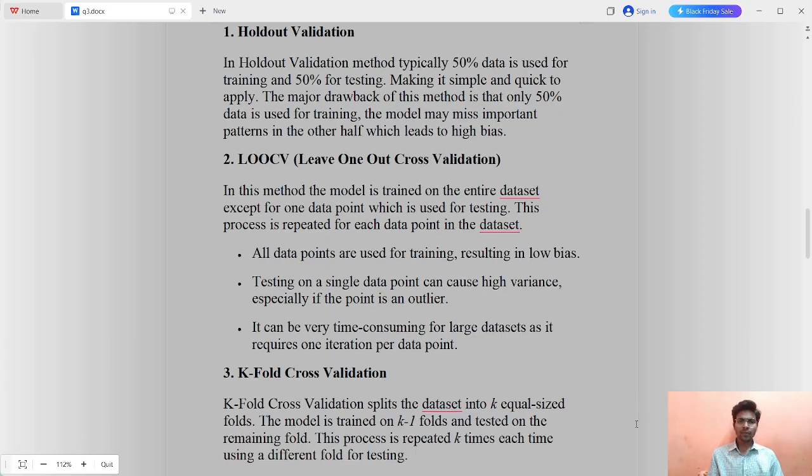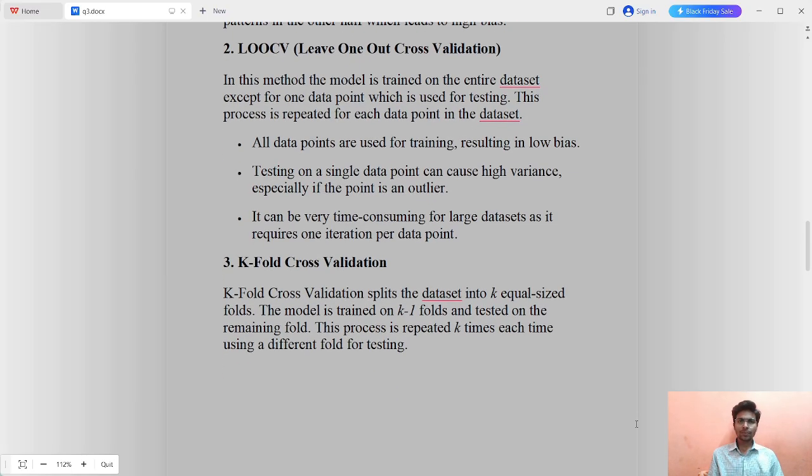The second one is LOOCV, leave one out cross validation. In this method, the model is trained on the entire dataset except for one data point which is used for testing. This process is repeated for each data point in the dataset.